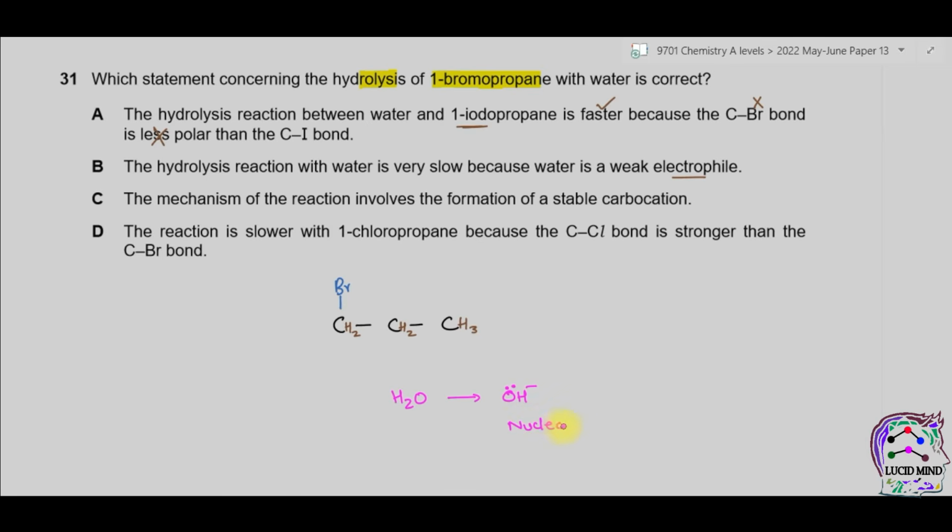It is not an electrophile. This part is a nucleophile. Part C. The mechanism of the reaction involves the formation of a stable carbocation. Now stable carbocation formation takes place in tertiary halogenoalkanes.